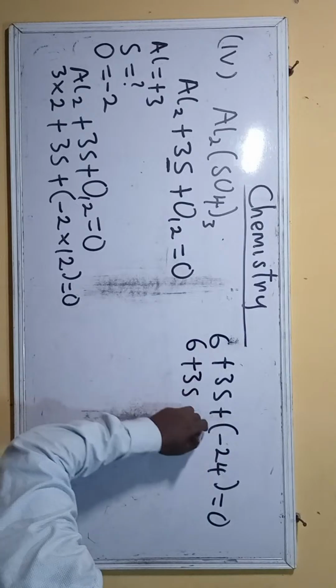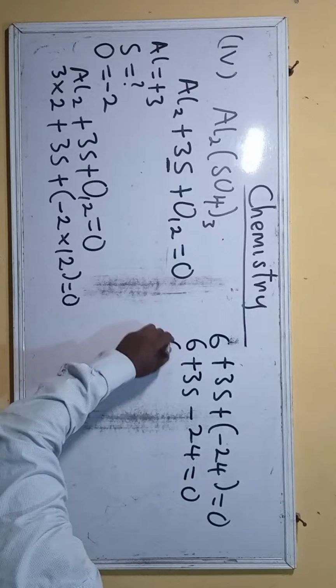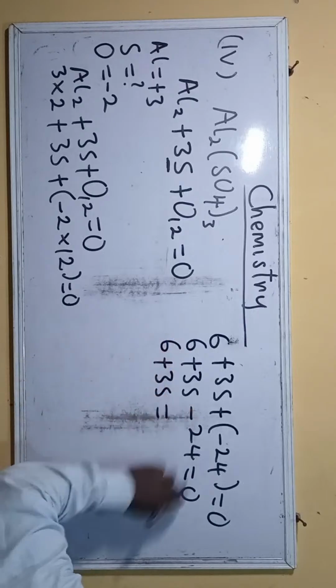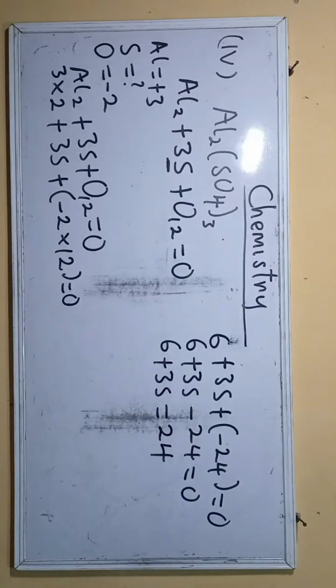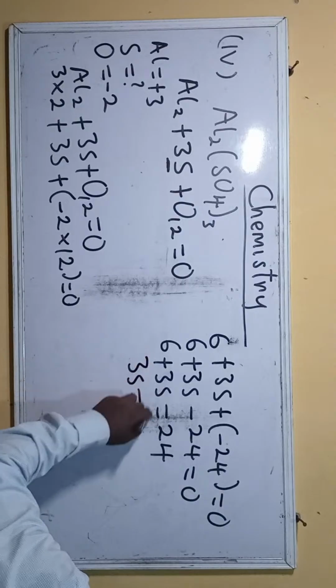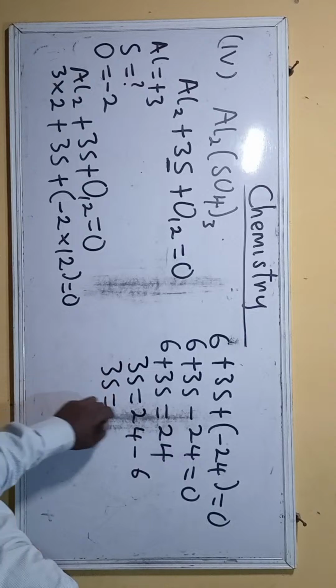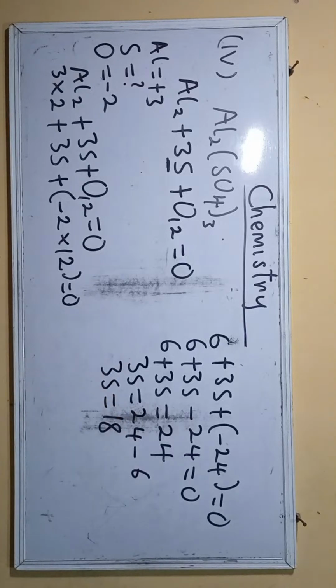Now this one gives us minus 24 equal 0. 6 plus 3x. Remember, if I take this one to this side, it turns to 24. Are you with me? So, what am I going to do? Collect like terms. 3x. 24 minus 6. I have 3x equal 18.